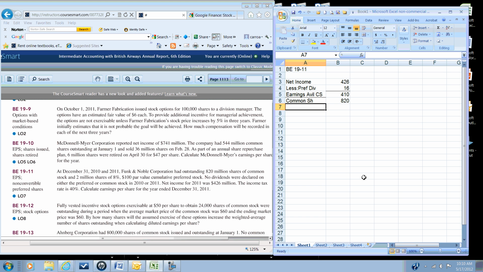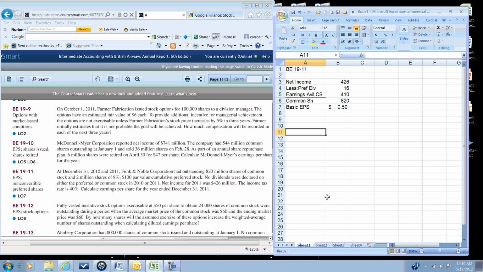So our basic EPS is our earnings available to the common shareholders divided by the number of common shares. Preferred shares are not included in the calculation of EPS for the number of shares outstanding. So this company is going to have a basic earnings per share of 50 cents.